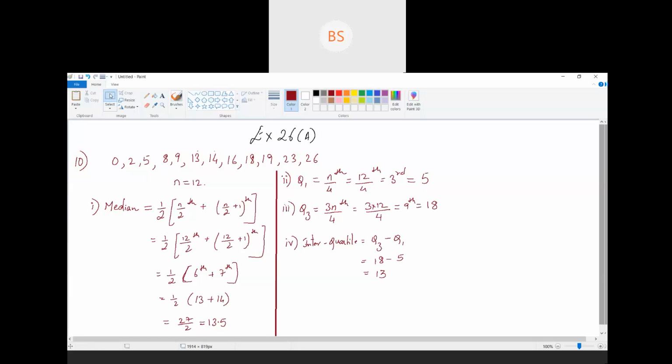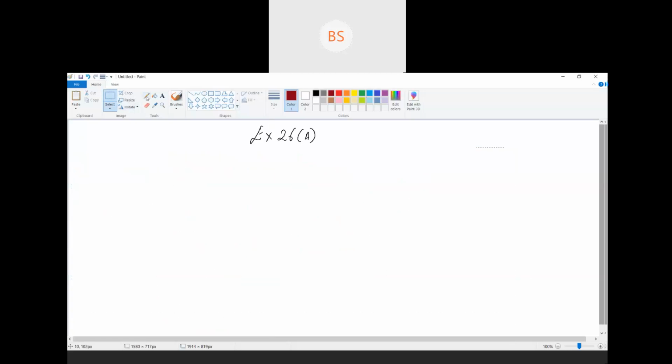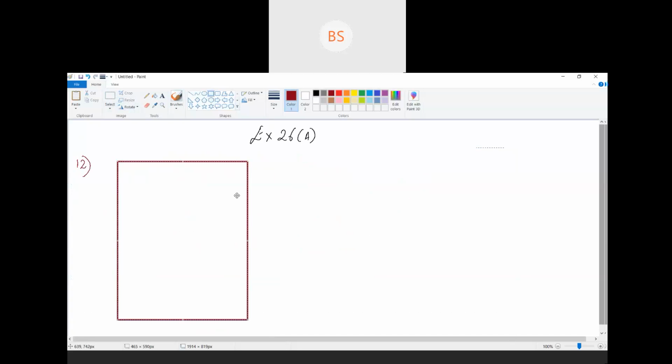Okay, now we will do the same thing. We'll find out all the values for grouped data. So we'll do question number 12. Okay, now here height of 63 students in centimeters is given.